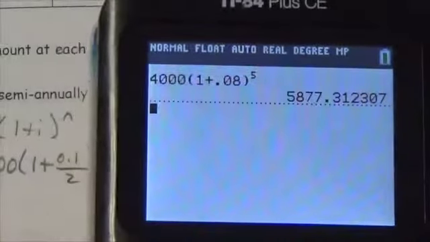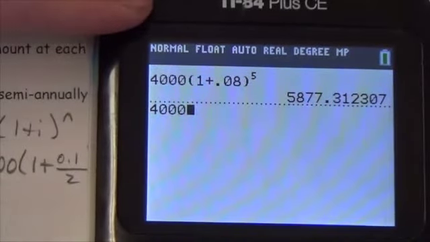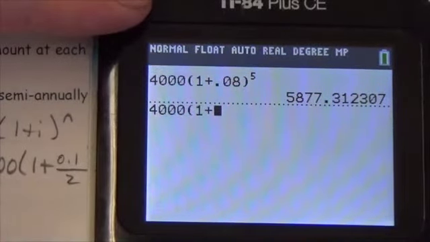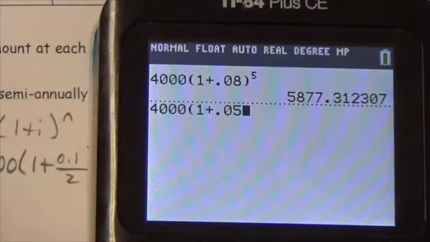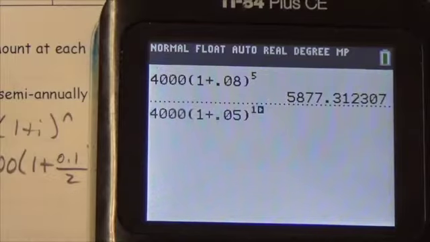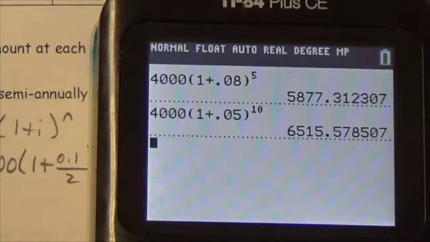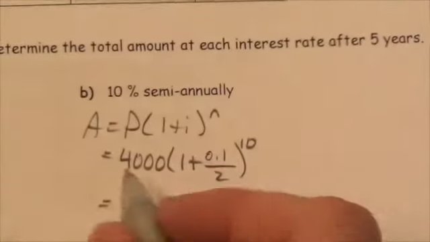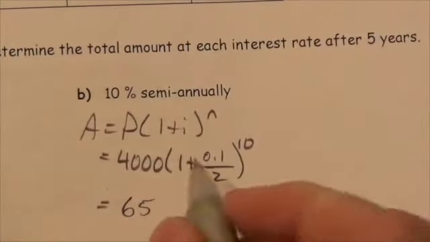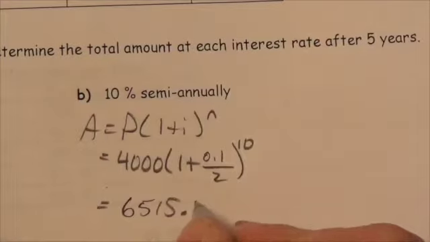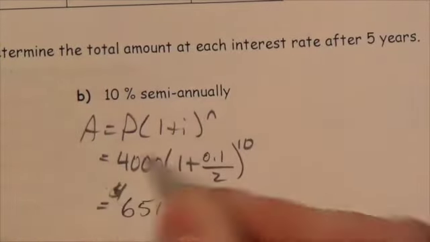Now, let's go to our calculator. So this will be 4,000 times 1 plus 0.05. I already know that 0.1 divided by 2 is 0.05, to the exponent of 10 for 10 compounding periods. So I would expect to have at the end there, well, that's substantially more, $6,515.58.